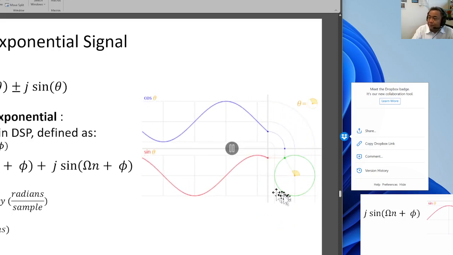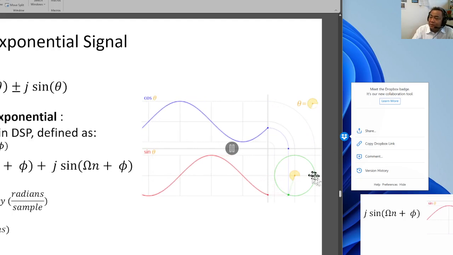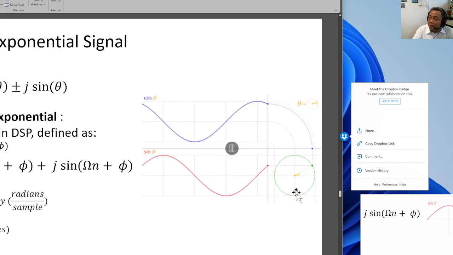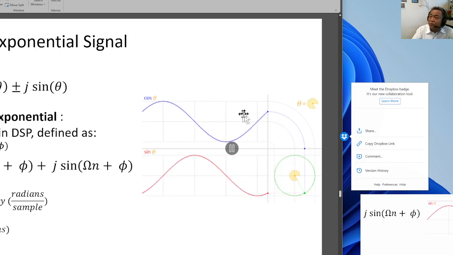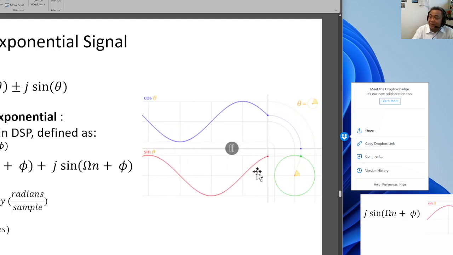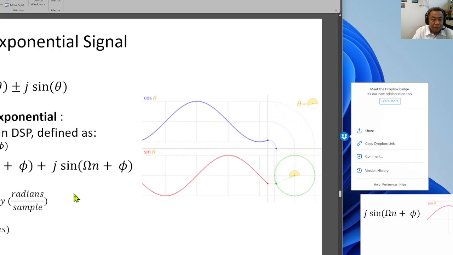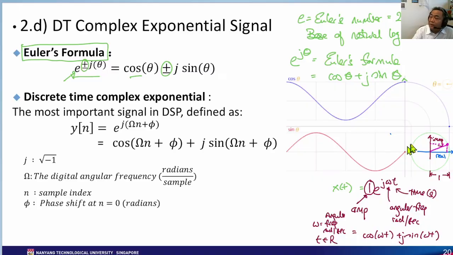Along this axis is the real axis, and along this vertical it is the imaginary axis. We can then also draw the cosine and sine like this. So the take-home message is that e^{jωt} is a rotating phasor, and it can be decomposed into two functions with respect to time: the real part and the imaginary part.